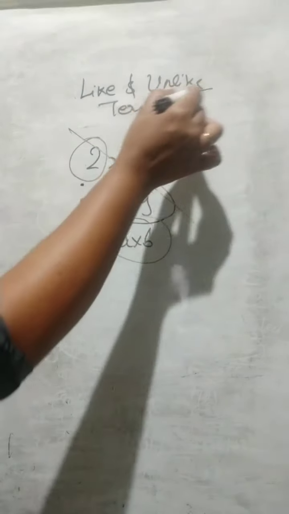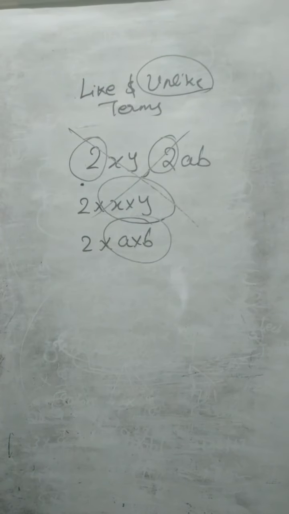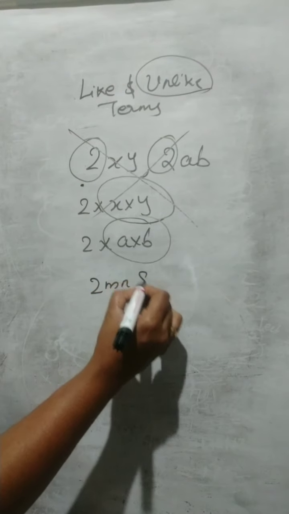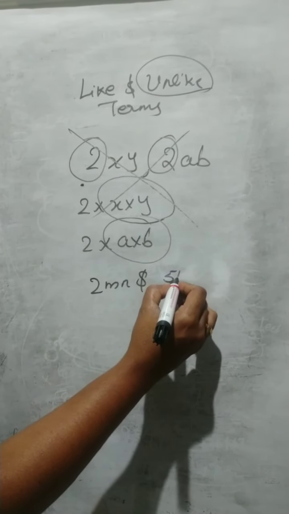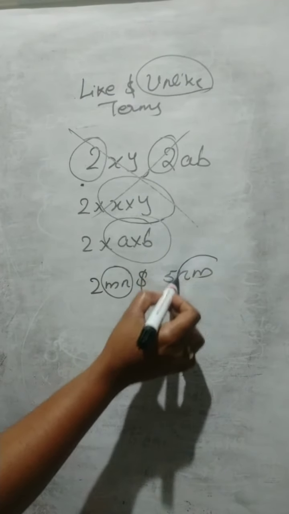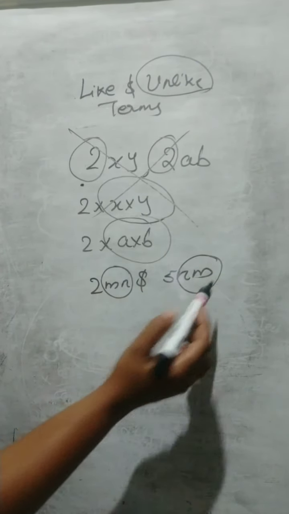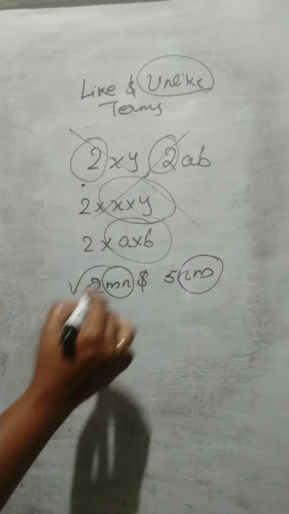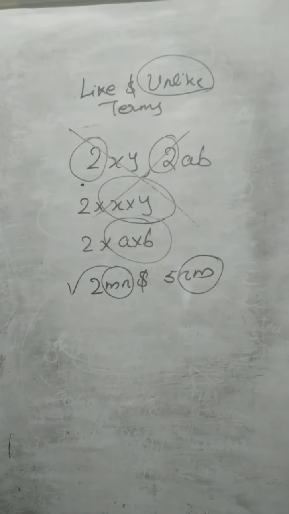These are unlike terms. Here 2mn and 5nm. Here m and n, here n and m. Both have the same factors, so these are like terms. Clear?